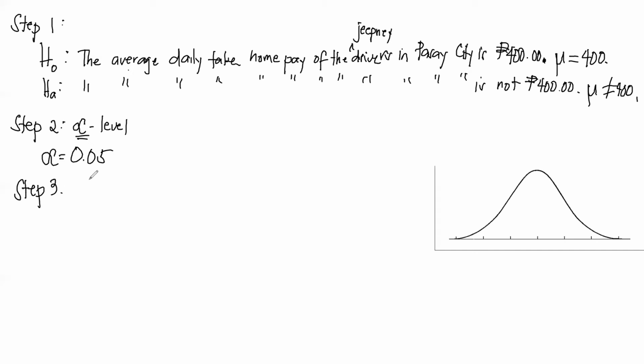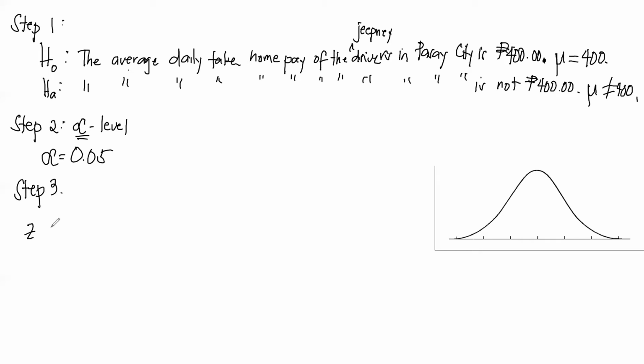For step number 3, we need to compute our test statistic. When we compute our test statistic, as you notice, the population variance here is given. So we will be using the formula for the z-score.